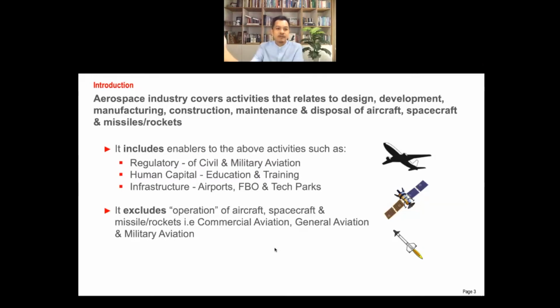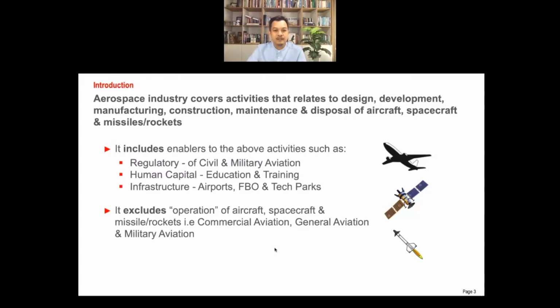At the same time, it also includes human capital, the training providers, the higher education institutions, as well as infrastructure facilities, namely airports, fixed-base operators, and tech parks. Okay, so those are the definition, the scope of what we call the aerospace industry.